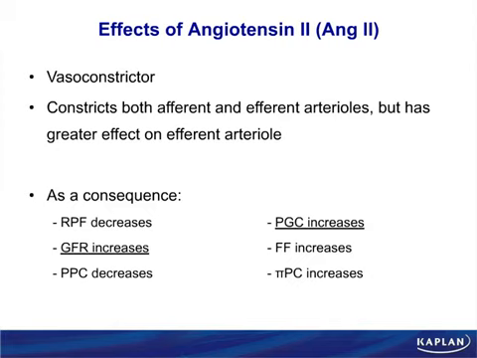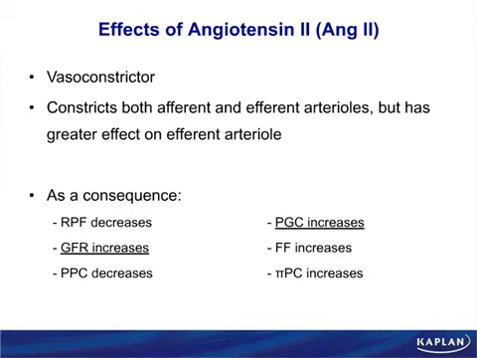By increasing, very important, increasing filtration fraction, it allows you to maintain the GFR, so you maintain filtering. Why do you want to maintain filtering? Well, you still want to filter your toxins. You still want to filter urea, creatinine, uric acid. You still want to get rid of the bad stuff, but you want to keep the good stuff. What's the good stuff? Volume, solutes.